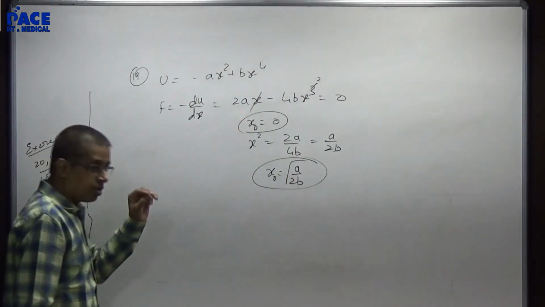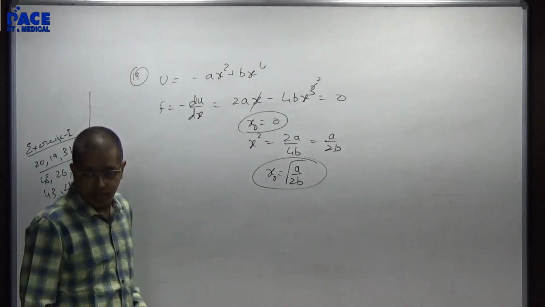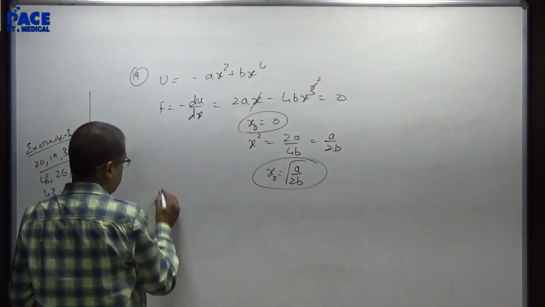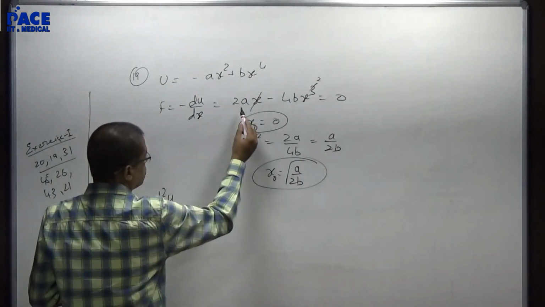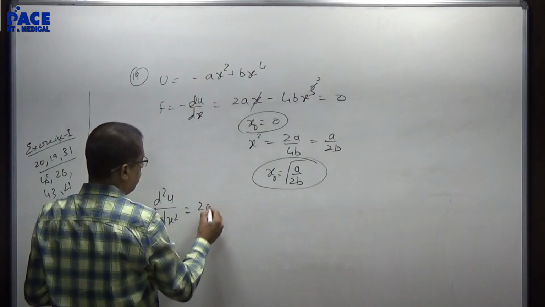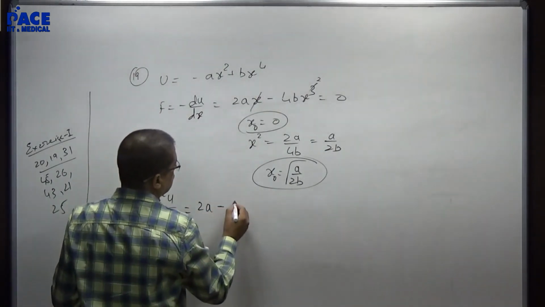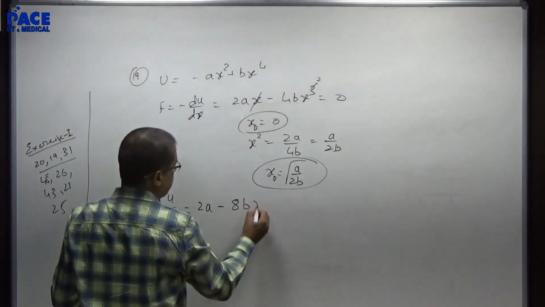Now the one which is in stable equilibrium alone will perform SHM. How do I know that? d2u by dx square, I'll get that as 2a minus 8bx.